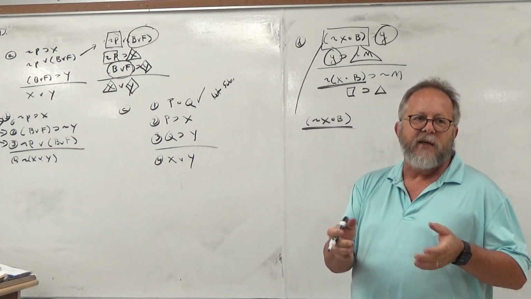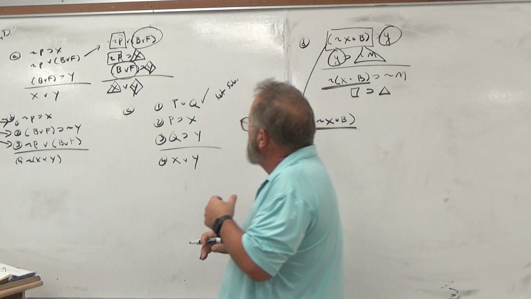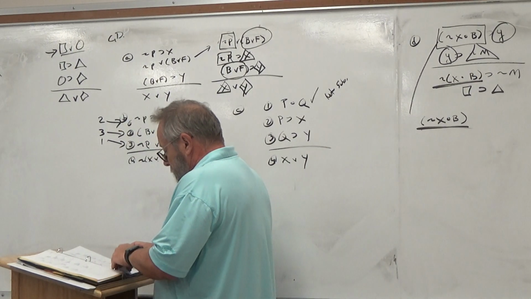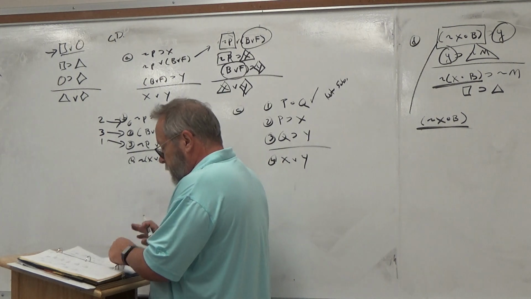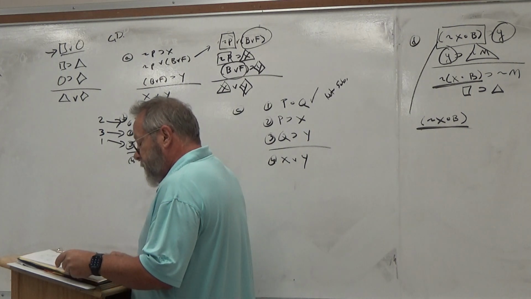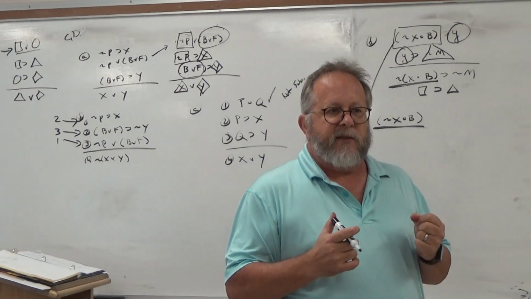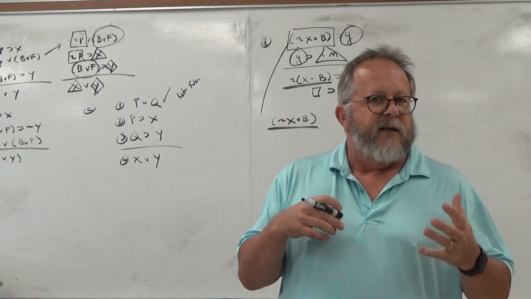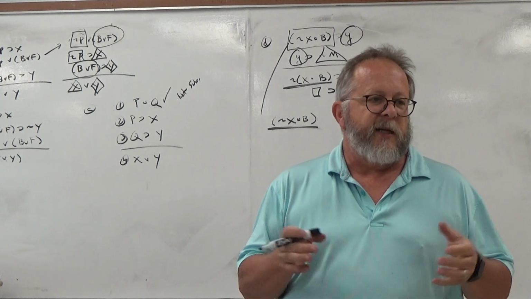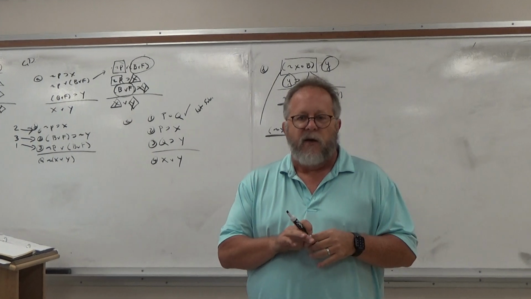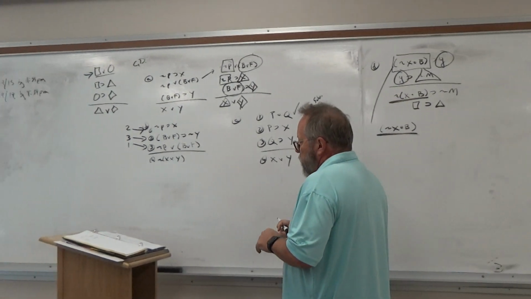I'm not trying to be tricky, but you have to look at the details to determine whether or not it's a substitution instance or not. Okay? So that's it as far as these substitution instances. I think, unless you have any questions about any particular ones of these. Okay? All right, so let's skip forward.